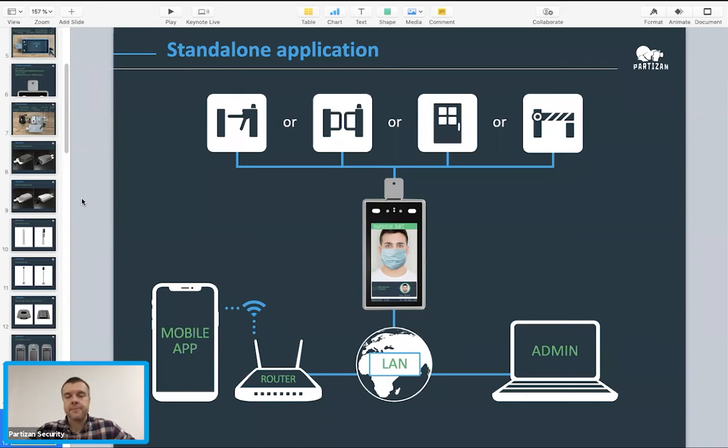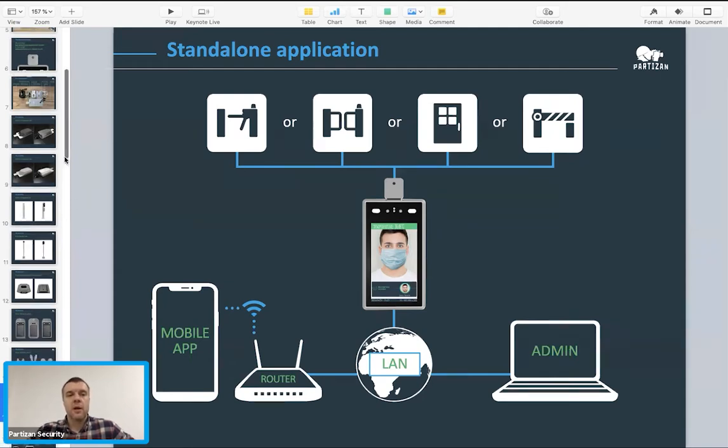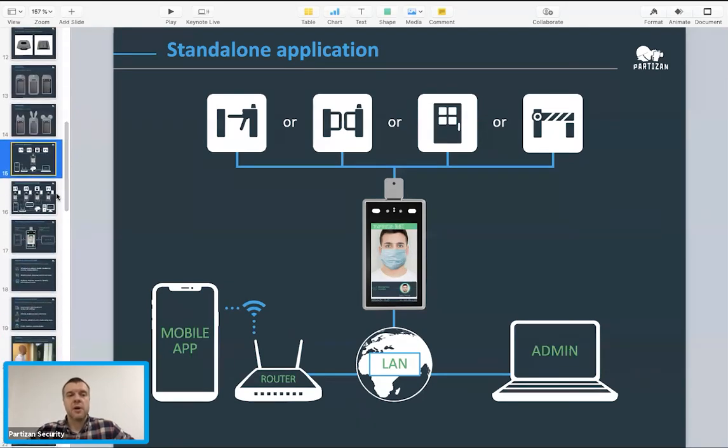So it is not connected to the existing access control system, but still it's fine, and still it works well in your premises. You just have to connect it with a door lock or a barrier or turnstile, and it will work like that. If everything is fine, the device will send the signal to open your door or your premises.